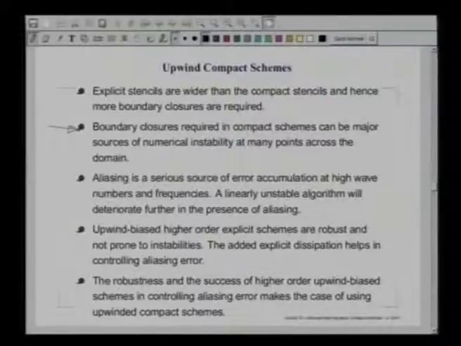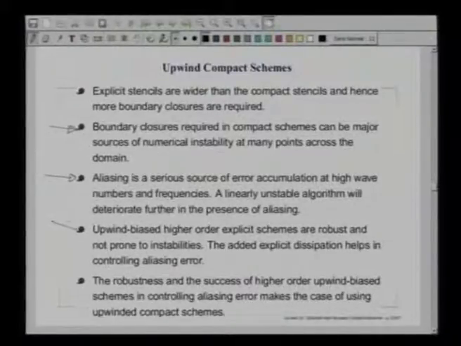Then of course, error does accumulate at high wave number due to the aliasing problem, and we need to be cautious about aliasing. What we need to do is add upwinding, and when we do the upwinding, we notice that it should be more effective at high wave number. That will also take care of the aliasing problem that we talked about, since it is essentially a high wave number operation.